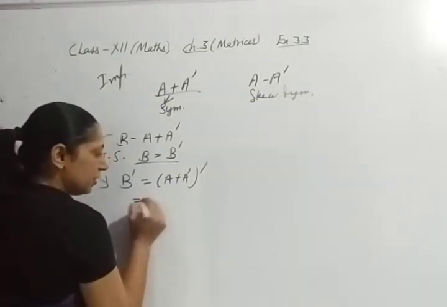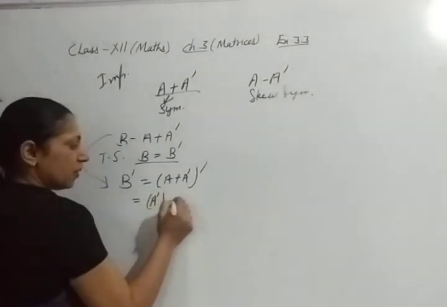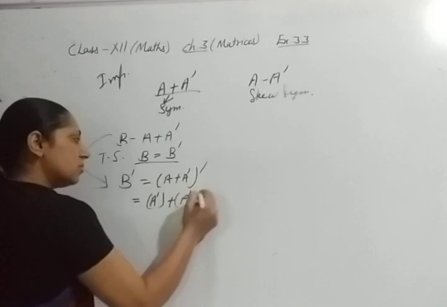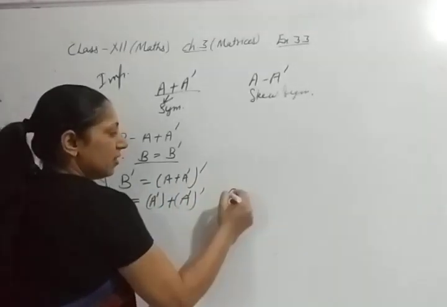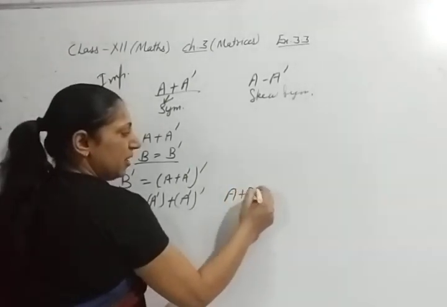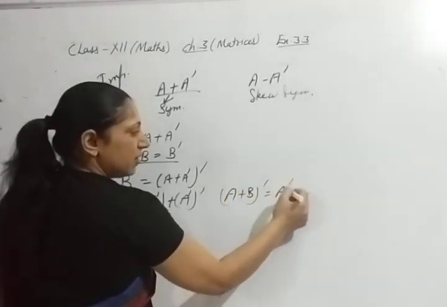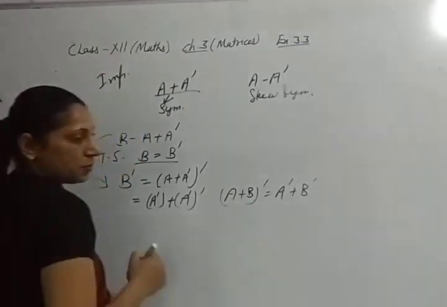Now this is equal to A transpose plus A transpose transpose, because in the previous class we studied that A plus B transpose is equal to A transpose plus B transpose.